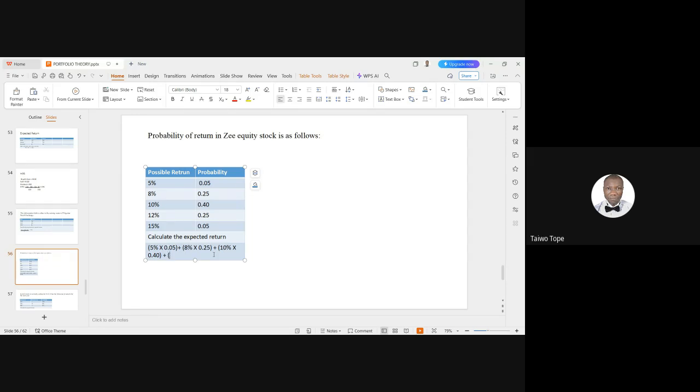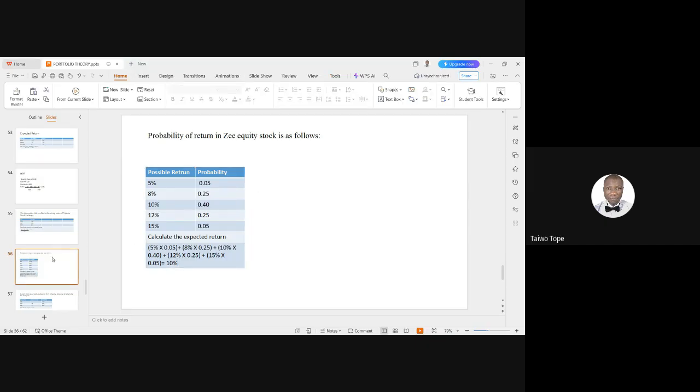Then we have 12% multiplied by 0.25, plus 15% multiplied by 0.05. When you do all these, you should have the result of 10%. So that is what that question wants you to do.